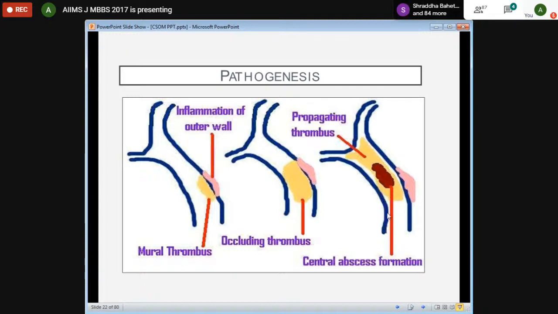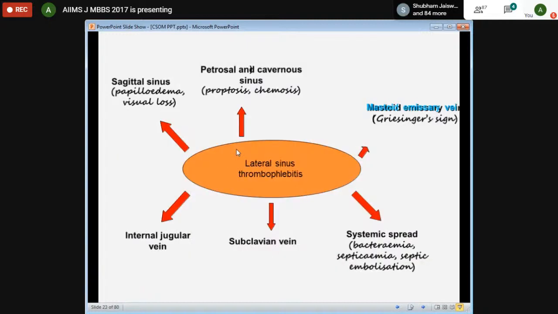So all the sinus symptoms are related to these features of pathogenesis of the sigmoid sinus thrombosis. So what is the pathogenesis? Suppose it goes to the sagittal sinus. In the sagittal sinus there are arachnoid villi. In arachnoid villi, the CSF gets absorbed.